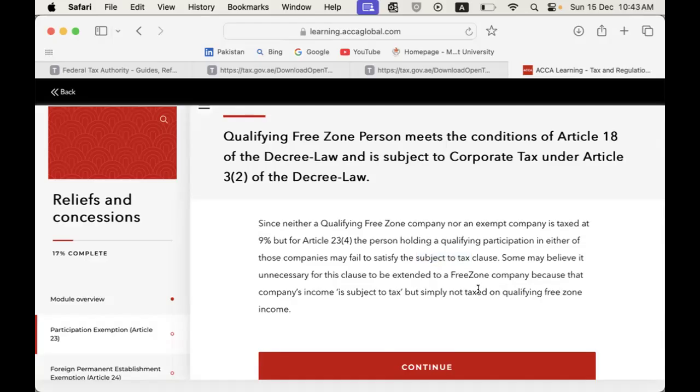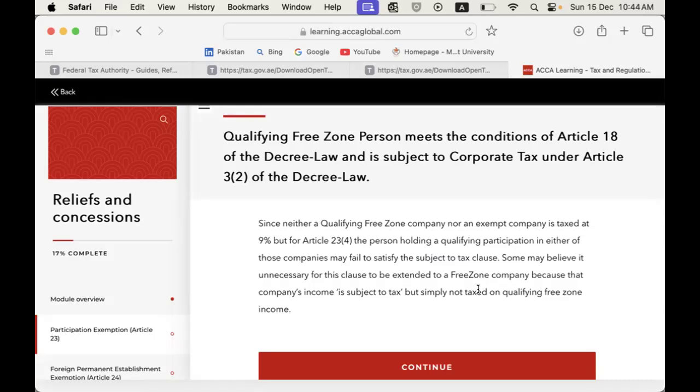See, a qualifying free zone person's income is subject to tax at the rate of 0%, but free zone companies, not necessarily. So, let me ask you a simpler question. Is there a difference between a qualifying free zone person and a free zone person? Yes. What is that difference?